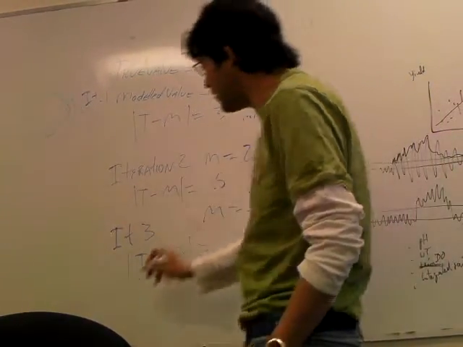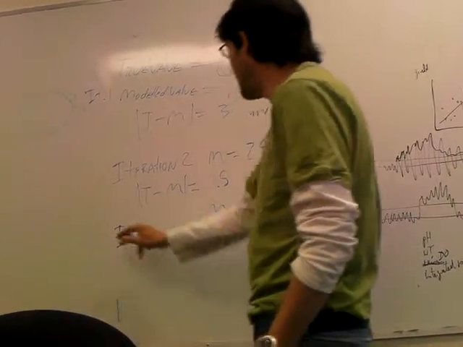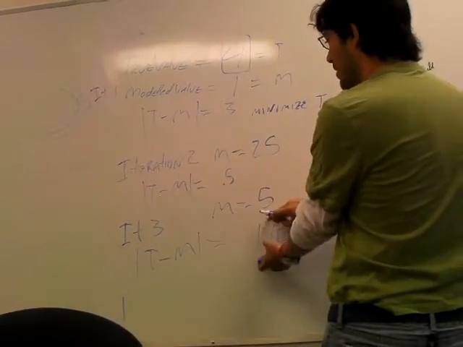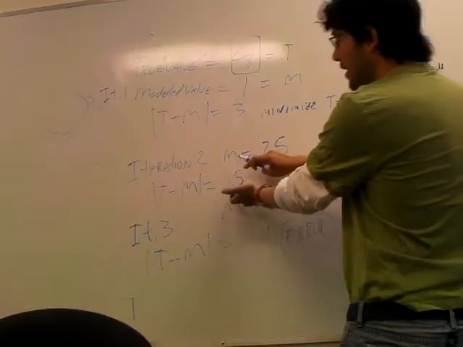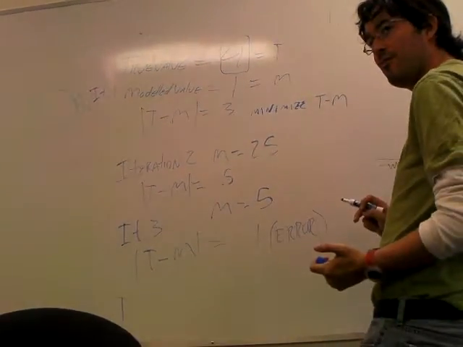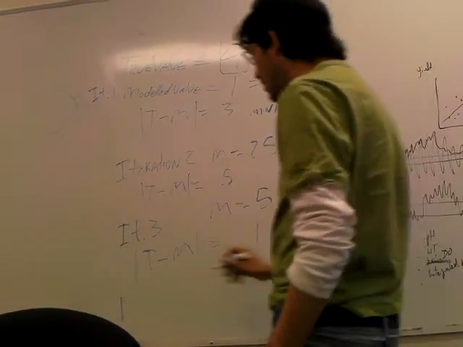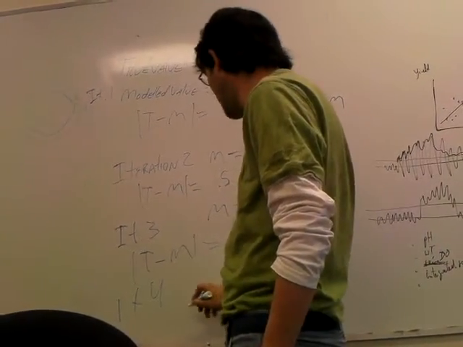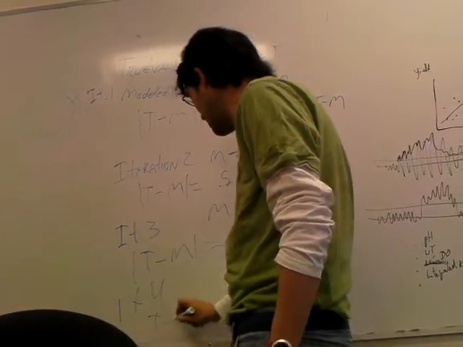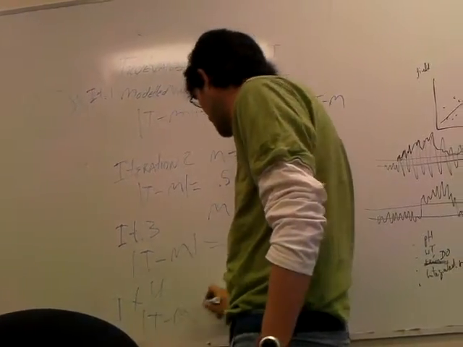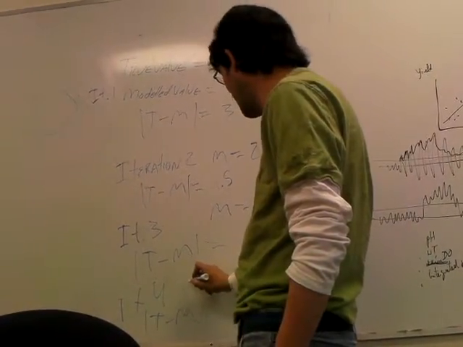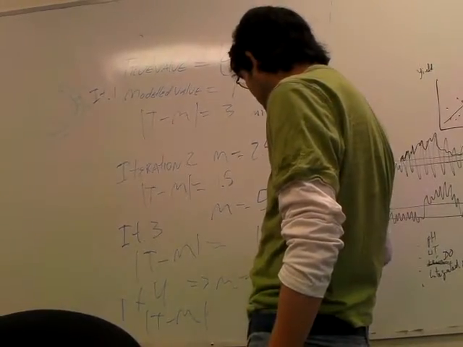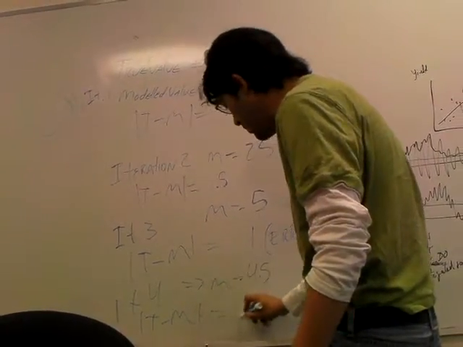And then in iteration 4, it says, okay, at 5 my error was 1, at 2.5 my error is 1.5. So let's go to iteration 4, for example, then t minus m, absolute value, and in this case m equals 4.5, and then this one will be 0.5.